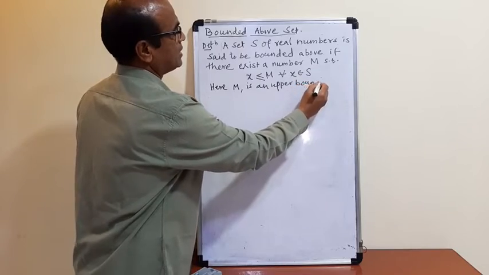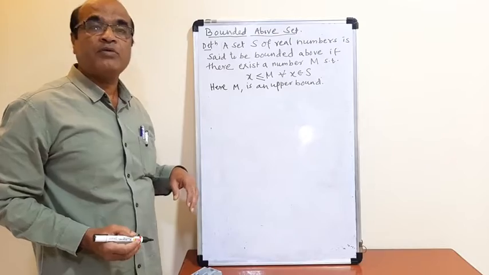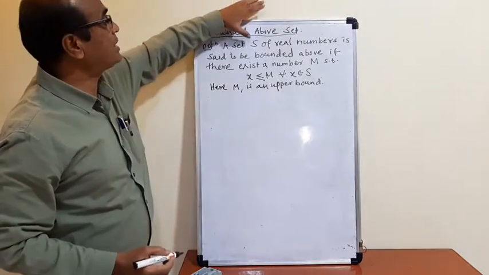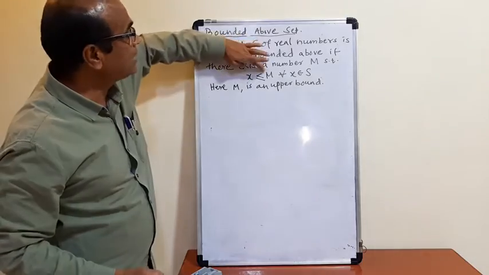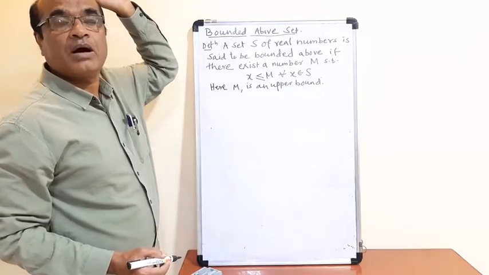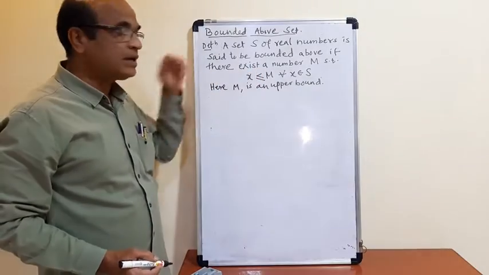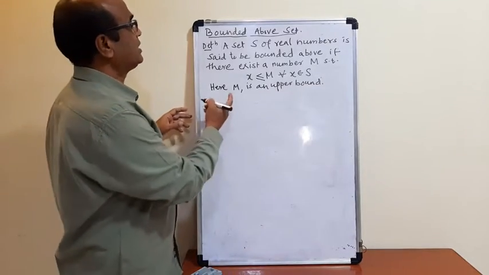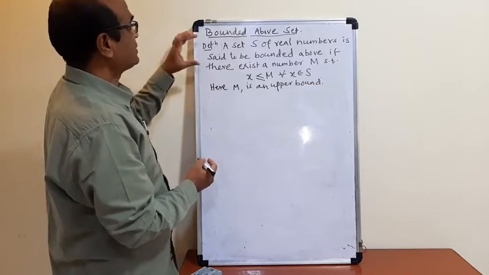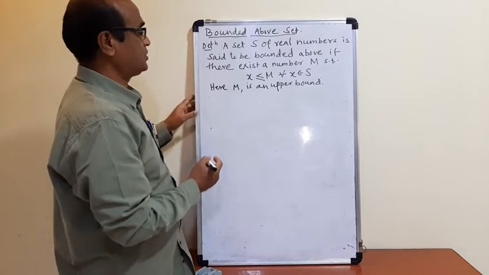So the set S is said to be a bounded above set if all the elements of the set S are less than or equal to capital M, then the number M is called the upper bound here.